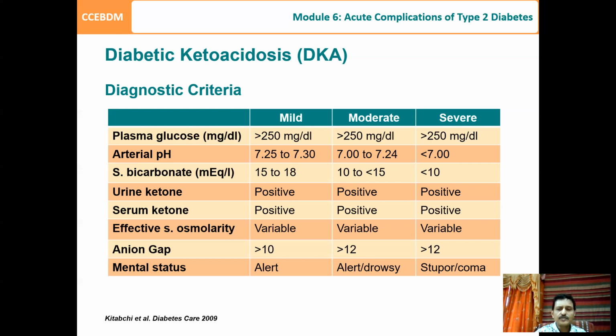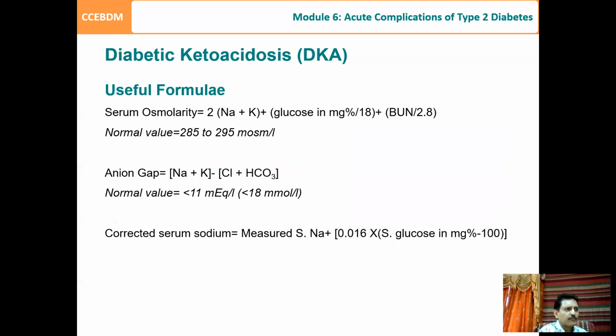So coming to a few important, useful formulas that we commonly use in the diabetic ketoacidosis state to understand the serum osmolality. Serum osmolality can be measured by doubling the sodium plus potassium value, and then adding the glucose in milligram per dl divided by 18, and then adding blood urea nitrogen divided by 2.8.